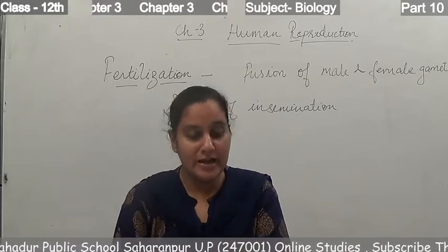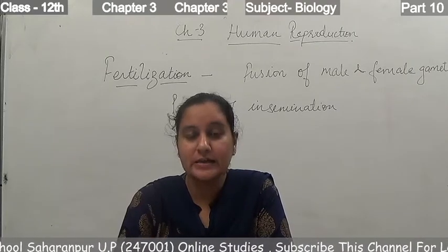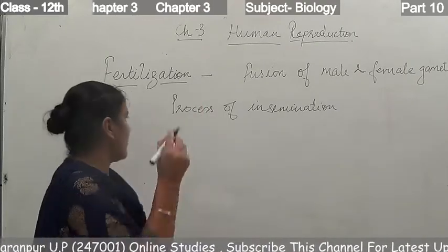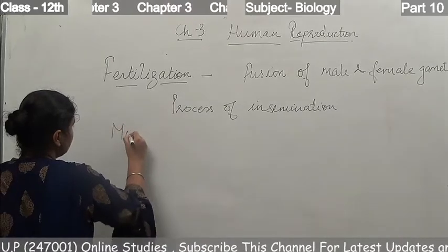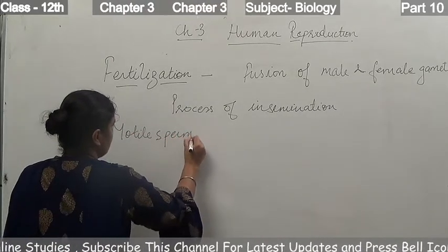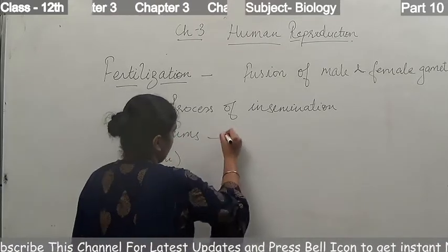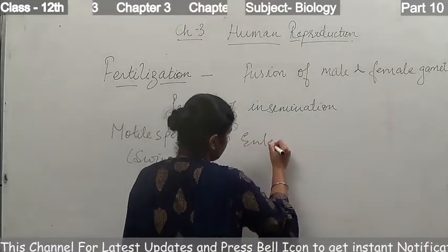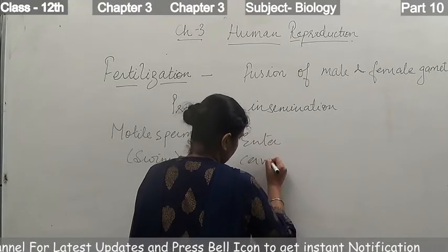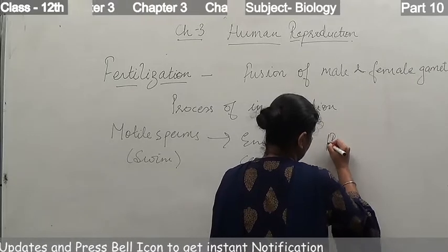So the motile sperms swim rapidly through the cervix and they enter the uterus. What happens? Motile sperms swim, enter cervix, and they reach the uterus.